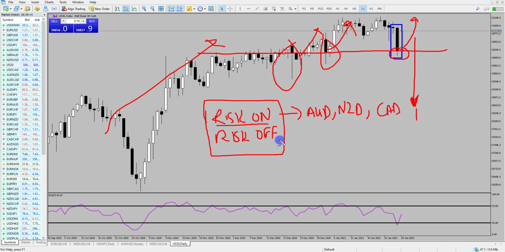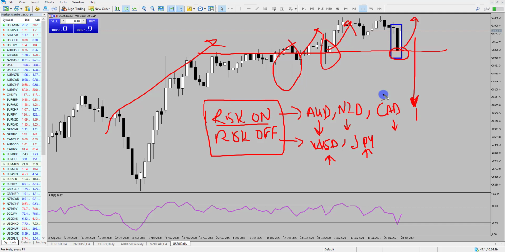If we're in risk off mode, these markets typically fall, and we usually see dollar strength and yen strength. But when we see the risk on effects, we see the opposite: dollar falls, yen falls, Aussie, Kiwi, CAD gain value.